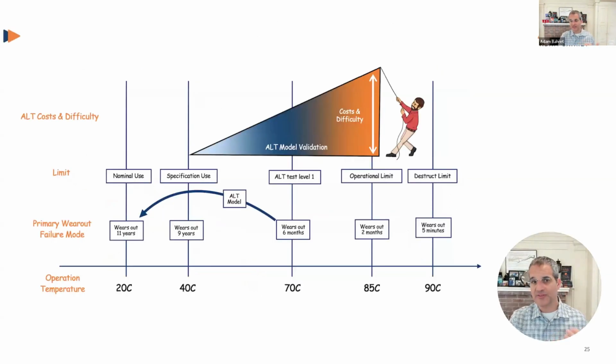Now, even with a validated model, you have to be careful that as you try to compress and run the test faster and faster, you're going to be getting up to limits where other things can happen. So we have a model that we validated under a specific stress that's above normal use case, but then we want to take it and compress it farther by running it at 5 or 10 degrees or 15 degrees C higher.